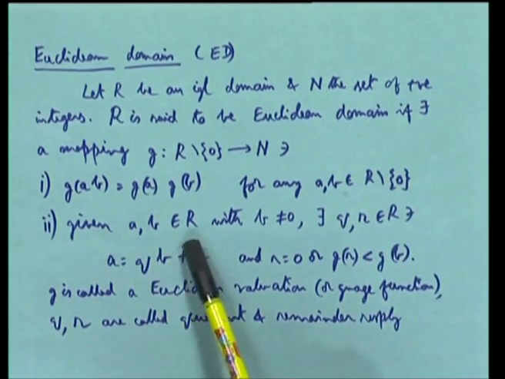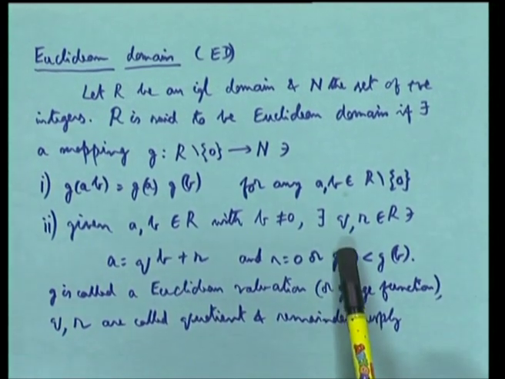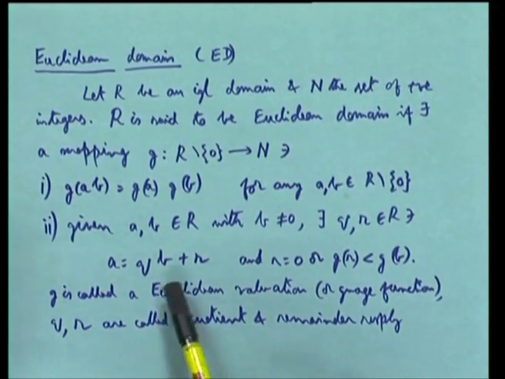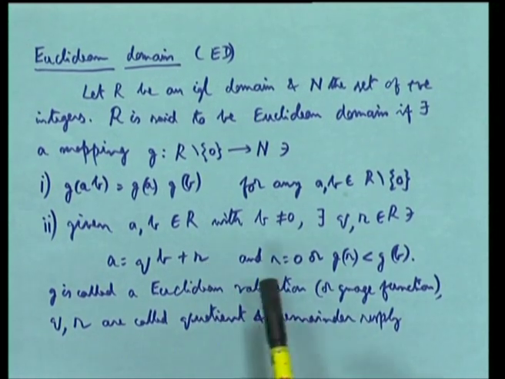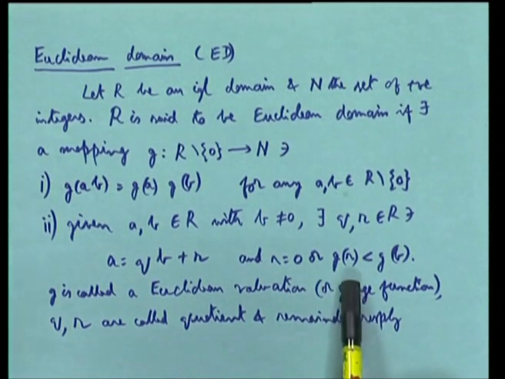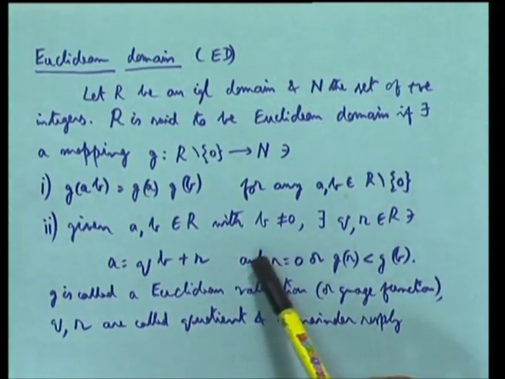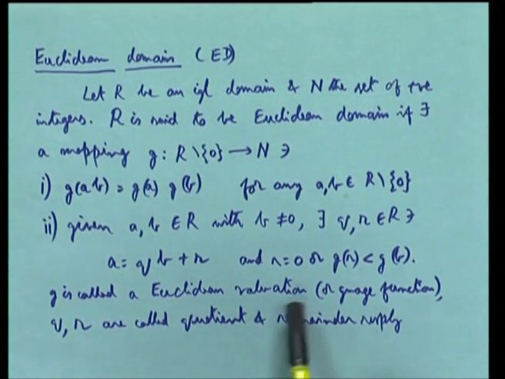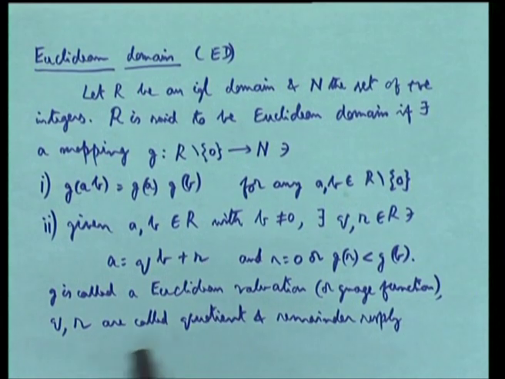and for any a, b in R with b non-zero, there exist elements q and r in R such that a is equal to qb plus r, and r is either 0 or d of r is less than d of b. This is something like the Euclidean algorithm that we study in arithmetic, and here d is called a Euclidean evaluation or gauge function, and q and r are called quotient and remainder respectively.